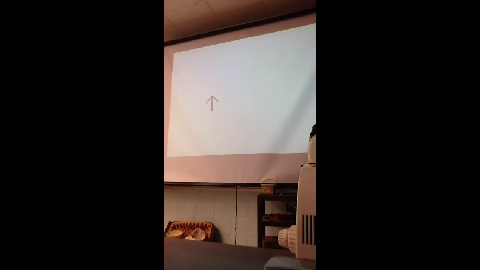Now let's have a look at the prostatic urethra. So this is all the tissue of the prostate. What we are looking for is the urethra. You see this large white space, that's actually the urethra.